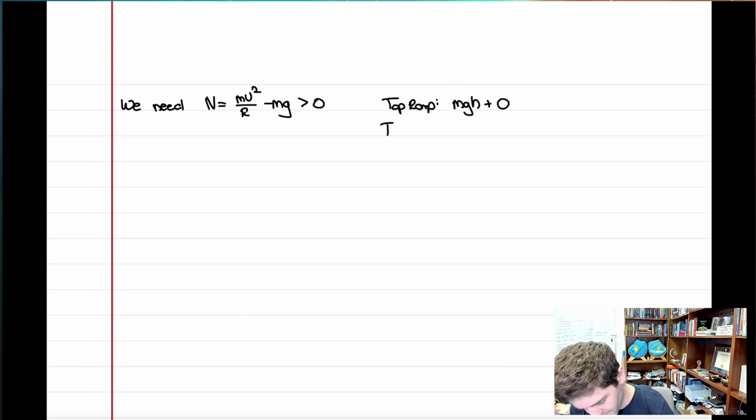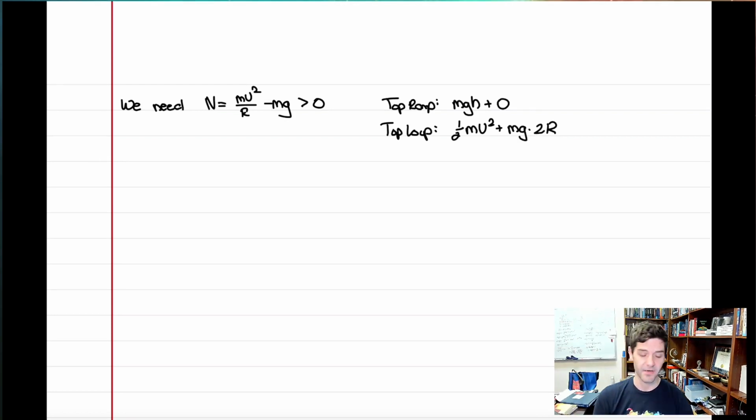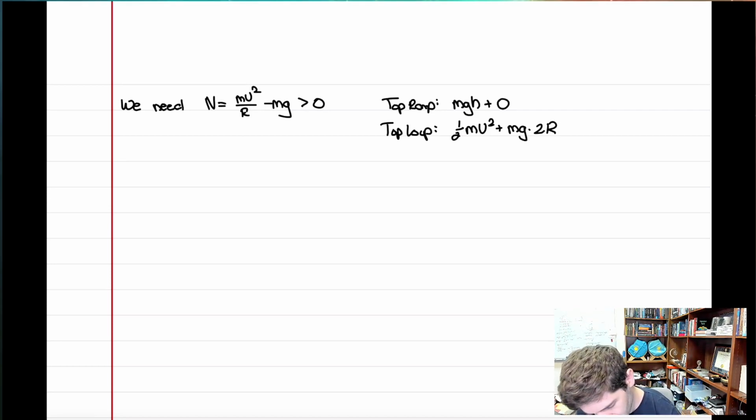And at the top of the loop, you probably have some kinetic energy at that point. And you do have some potential energy as well, because you're 2 times r off the ground. We're not at the bottom, but we're at the top of the loop. So this allows us to match that mgh better equal mg times 2r plus 1/2 mv squared.